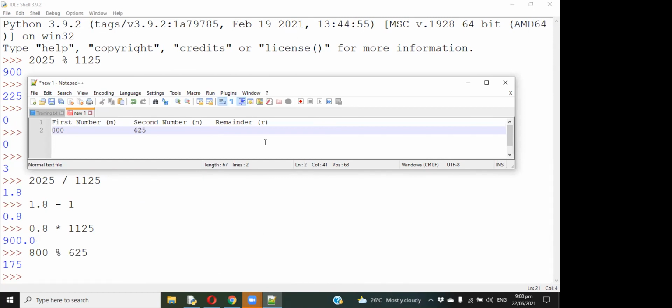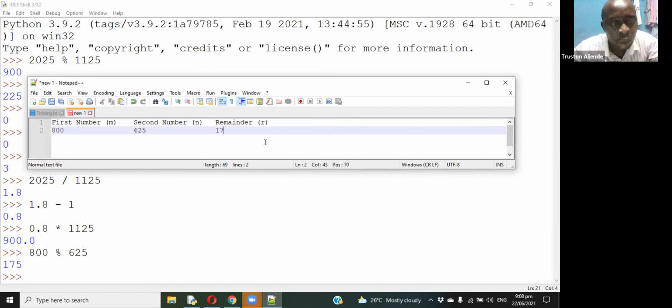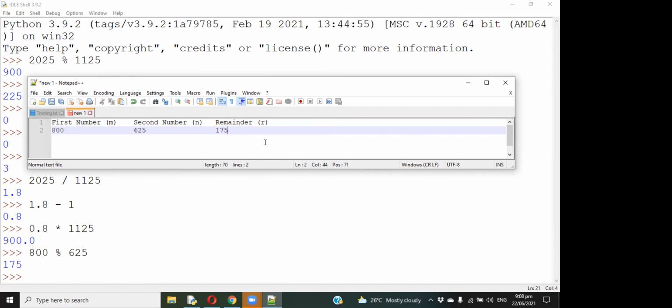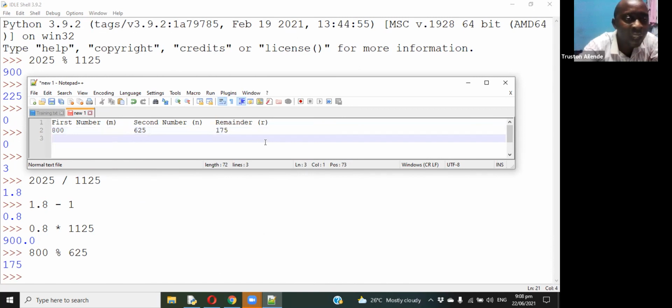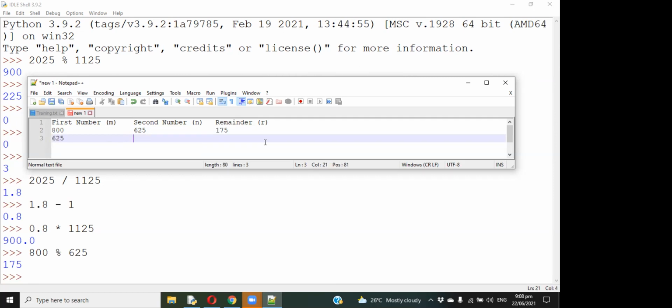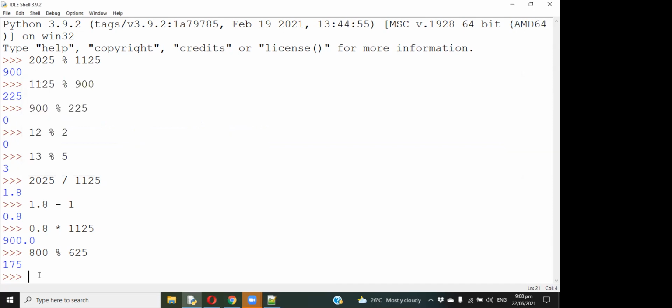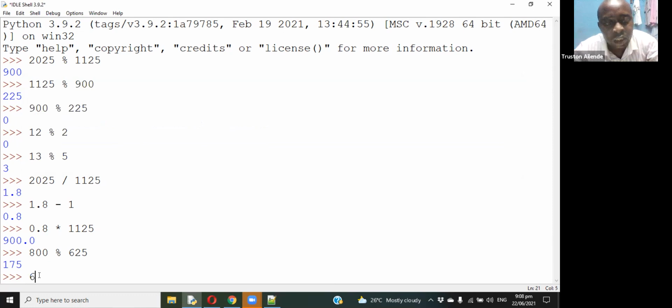Okay, so this is 175. Now, the way it goes is that it goes from right to left. So we now say 625 modulus 175.